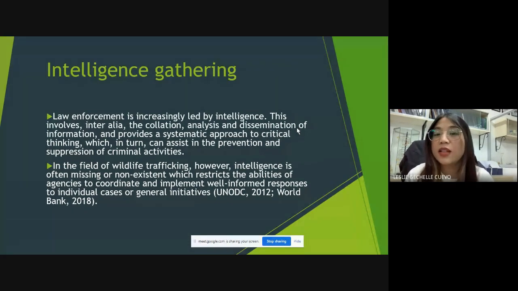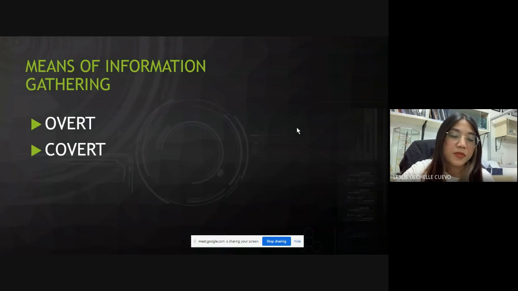In the field of wildlife trafficking, however, intelligence is often missing or non-existent, which restricts the abilities of agencies to coordinate and implement well-informed responses to individual cases or general initiatives. Kaya, well, obvious nga rin sa curriculum natin yun, di ba?